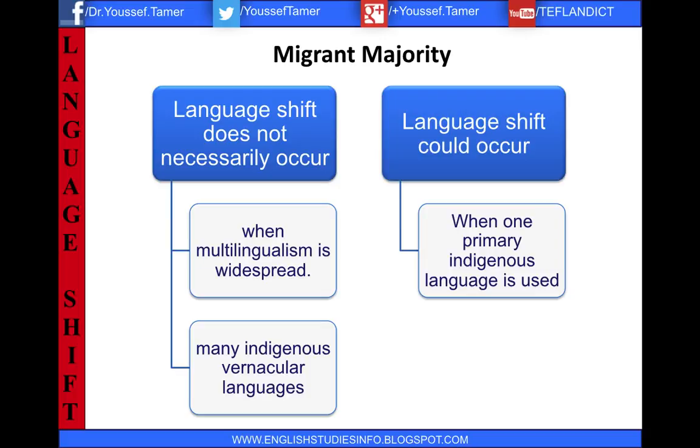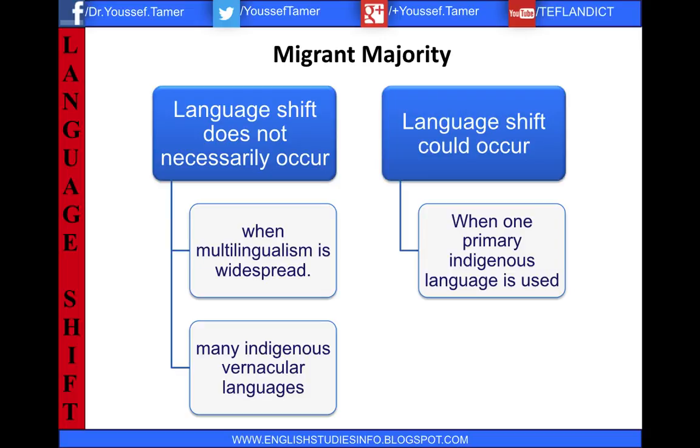The same thing is applicable for India, because in India you have a lot of vernacular dialects. That's why in India the story of language shift didn't happen, because of this multilingualism existing there and this big number of vernacular indigenous dialects being used.